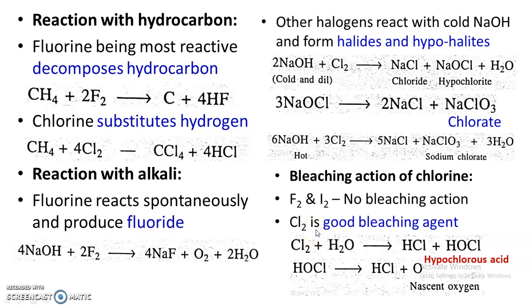So in this way, these are some chemical properties of halogens. In addition to this, halogens undergo displacement reactions also. A higher halogen displaces the lower halogen. For example, fluorine displaces other halogens. Okay.